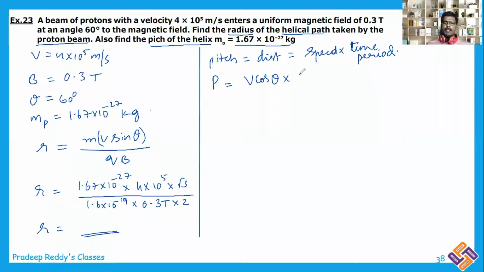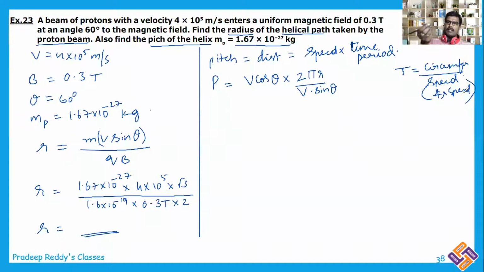And the time period can be written as 2 pi r divided by v into sine theta, because time period T is equal to distance traveled, that is the circumference, divided by speed. And what is this speed? It is the perpendicular speed, the rotation is because of the perpendicular component. So time taken is equal to circumference divided by the perpendicular component magnitude, which I am substituting here.